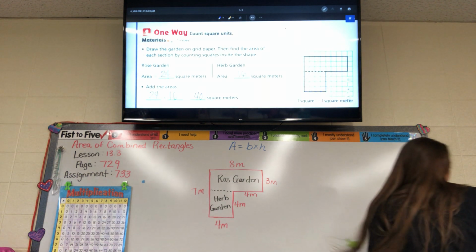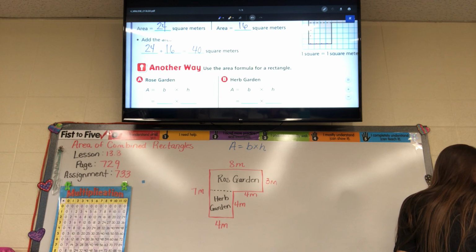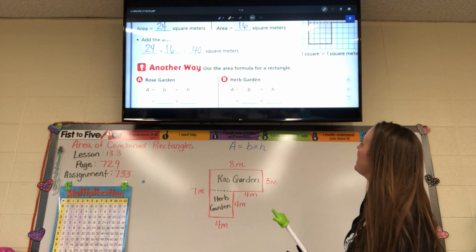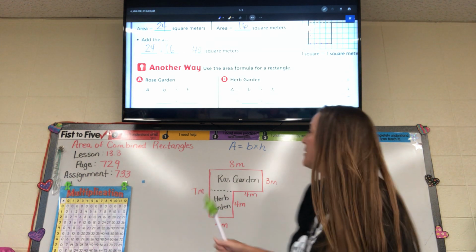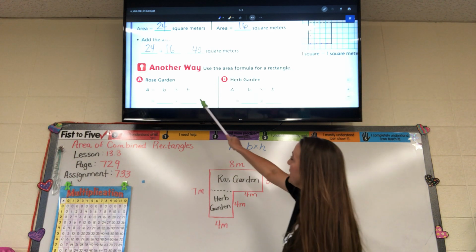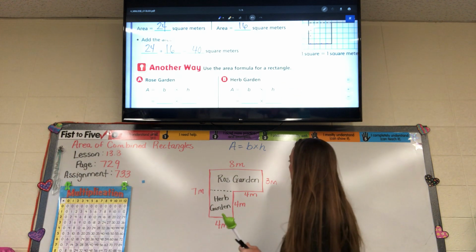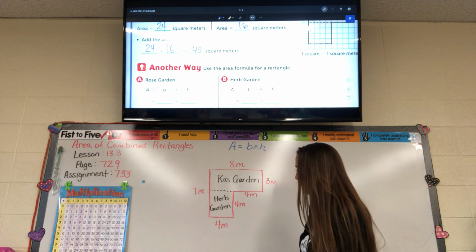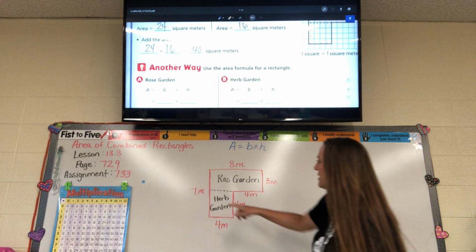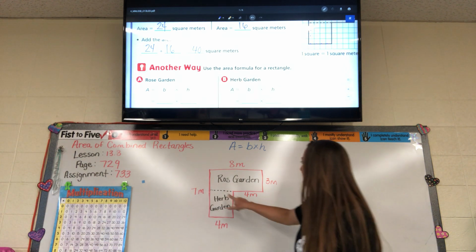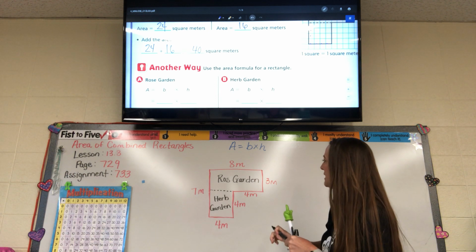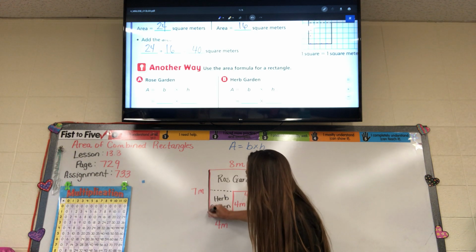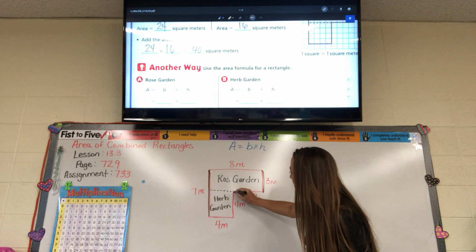Okay, if you don't have grid paper, you can use the area formula. But the tricky part is, if we look at this image I've drawn, we see that there's a 7 over here, but that 7 includes both this 3 and this 4.